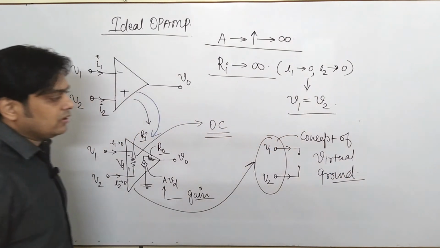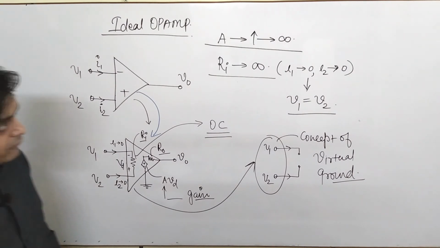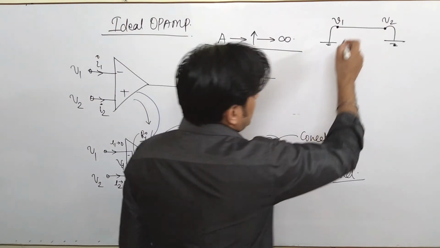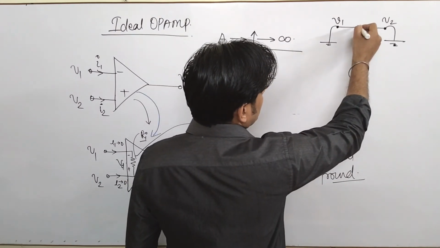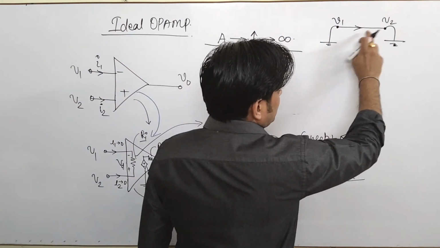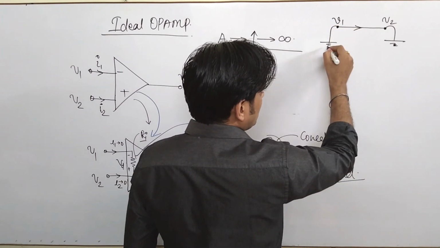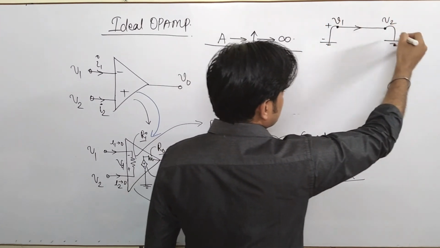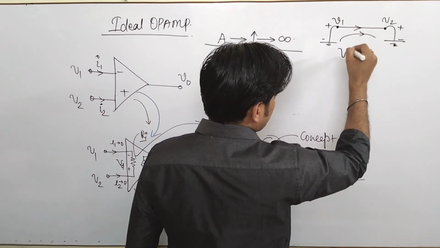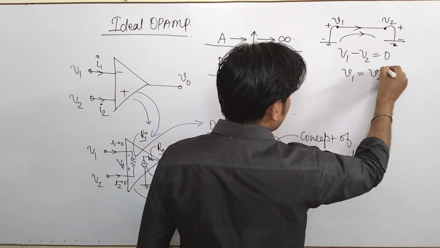The meaning of virtual ground is, we have seen two different types of condition we will discuss here, so just try to understand. In this condition some current will flow from V1 to V2, but what that current is we don't know. Because of this, if you apply one KVL, you can say V1 minus V2 is 0, or V1 equals V2.